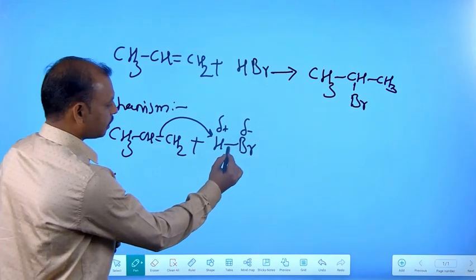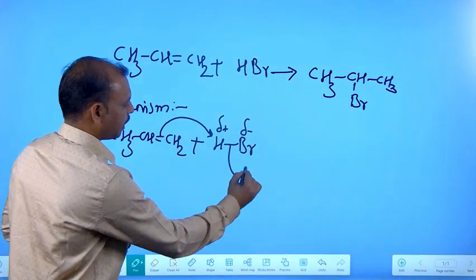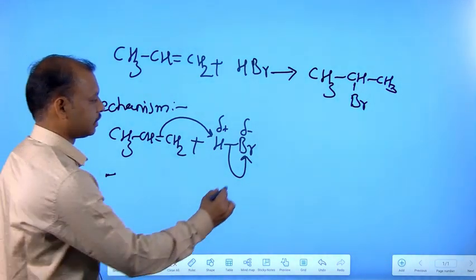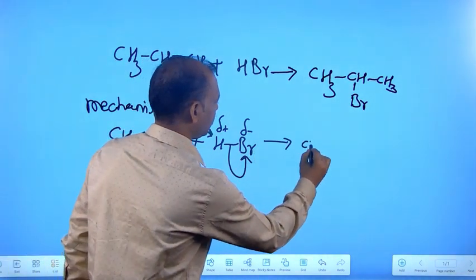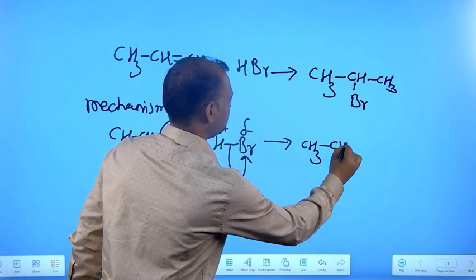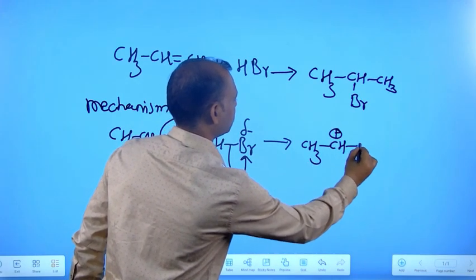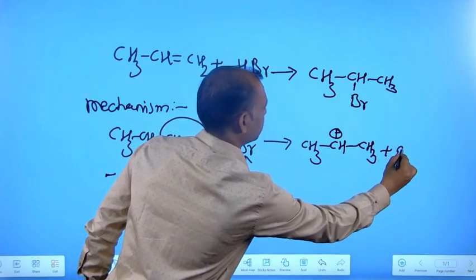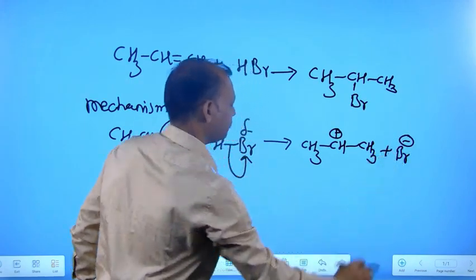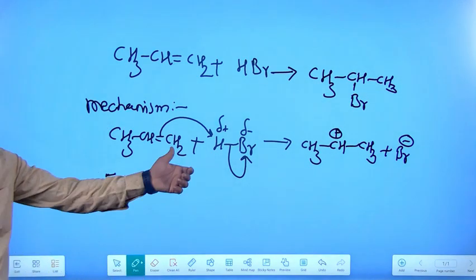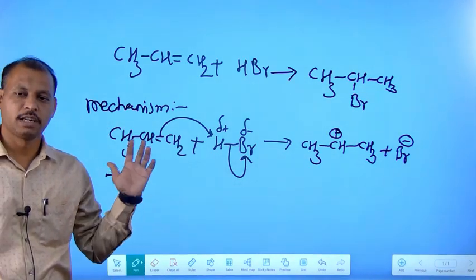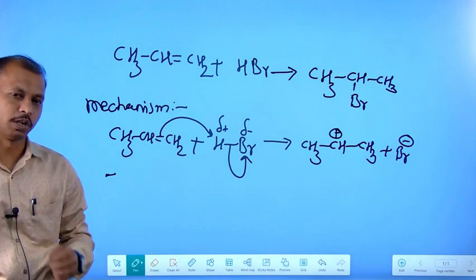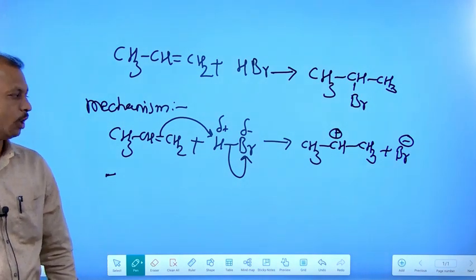At the same time, the bond between hydrogen and bromine breaks, and it forms Br minus. So I will write here CH3CH plus CH3 and Br minus. In that step, first a carbocation is generated on the substrate, and bromine has a negative charge as it has two extra electrons.